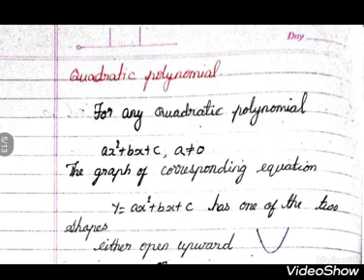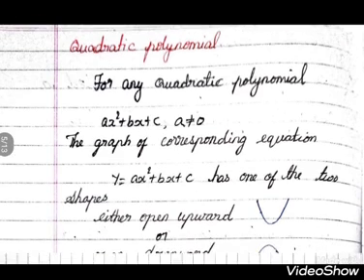If we need to draw the graph, we need coordinates of x and y. You substitute x equal to 1, 2, 3 and get the value of y. So you get the x coordinate and y coordinate and draw the graph.